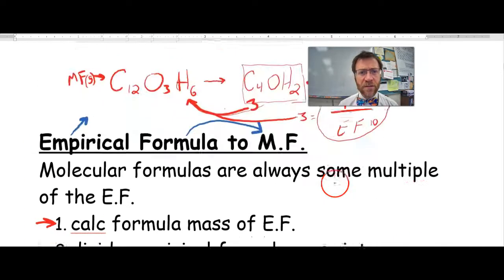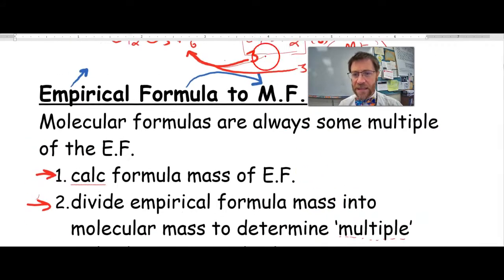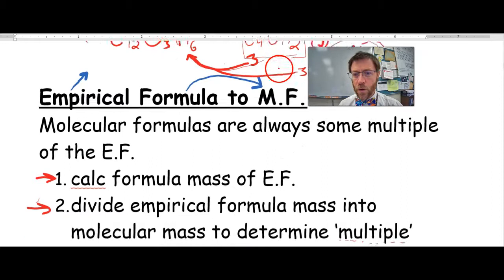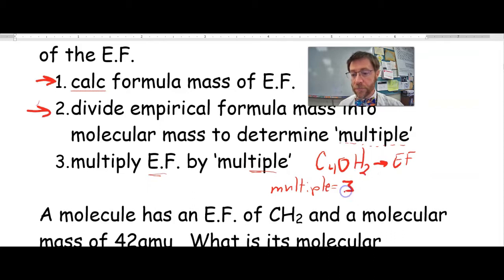So, wait, what did we have up here? C12O3. So if we had this thing right here, C4OH2, and this was our empirical formula, right? And we found the multiple. We found through math that our multiple was 3.